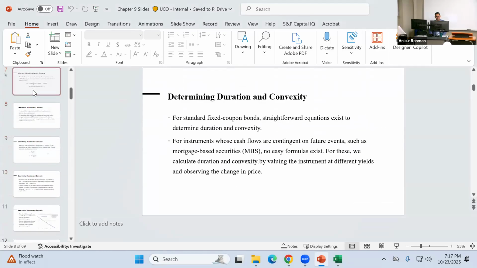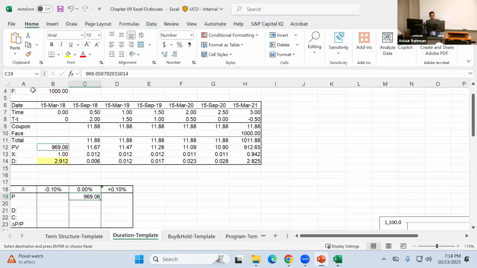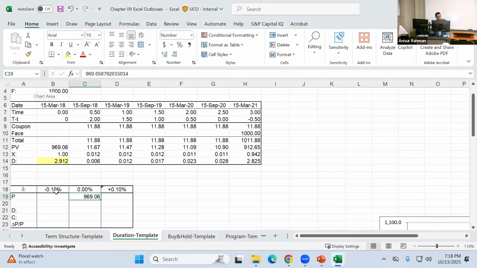But we need to calculate duration this way. We need to find out what happens to the price if yield decreases, increases, divided by 2 delta price. Okay. So what we are going to do, it says negative 0.10%, right?